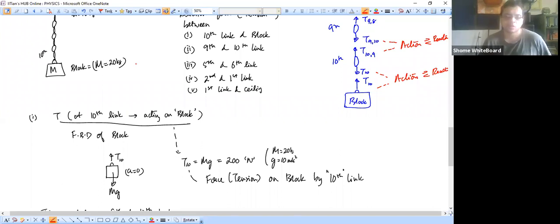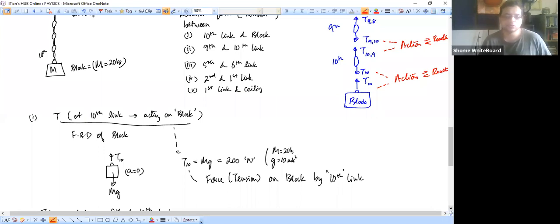If the chain is replaced with a rope, for example, this is not like a contact force between links, but rather it is a force that acts along the fibers of the rope. The fibers of the rope are twisted together, and there is intermolecular force that is acting. So that internal force only that acts in place of this kind of reaction force between the links of the chain, that is called tension.